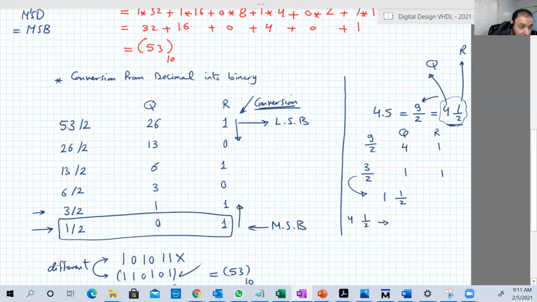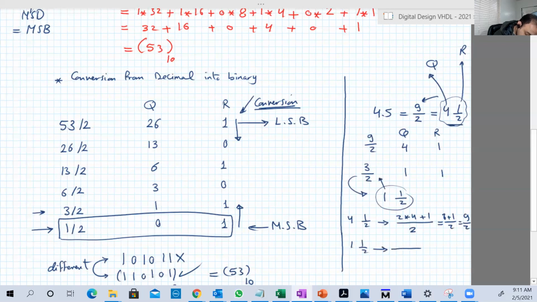We multiply the denominator by the quotient here. So 2 by 4, and we add 1, which is already in the numerator, and divided by 2. So this will give us 8 plus 1 over 2, which is 9 by 2. Good. How do we convert that one into originally 3 over 2, so 1.5?